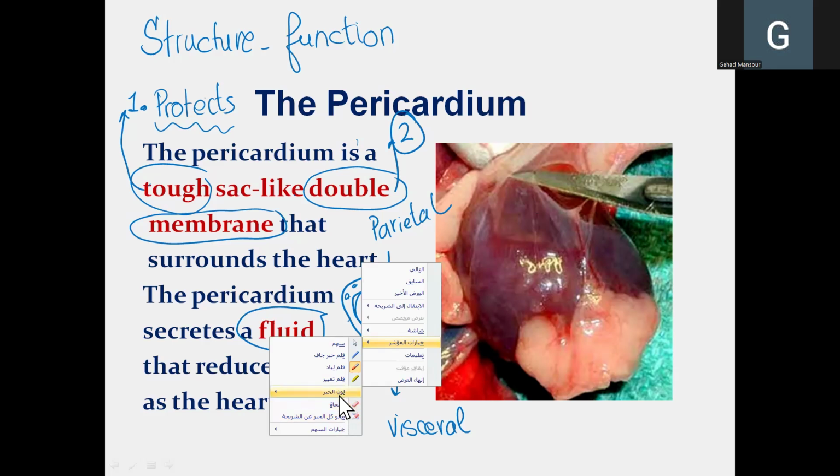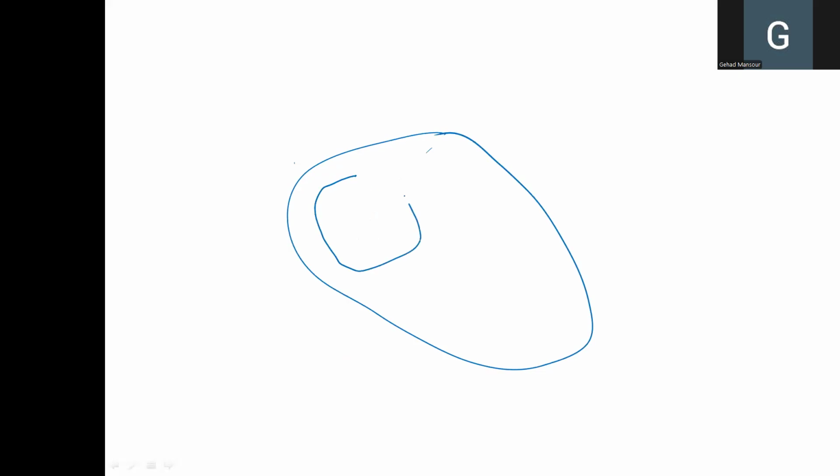In order for you to make your life easier, you can just do it in a logical way, and it needn't be memorized. How would we do this? If we draw the simplest diagram of the heart like this, we draw the right atrium, for example, and then the left atrium, and the interatrial septum in between them.